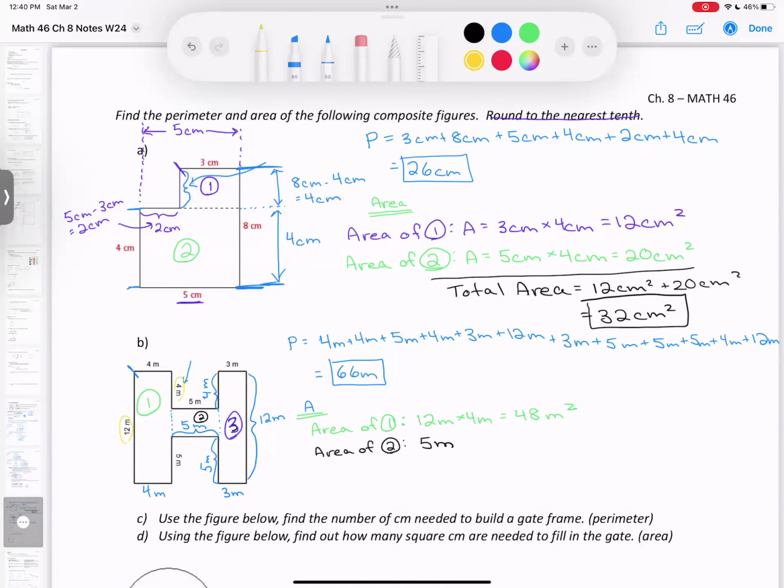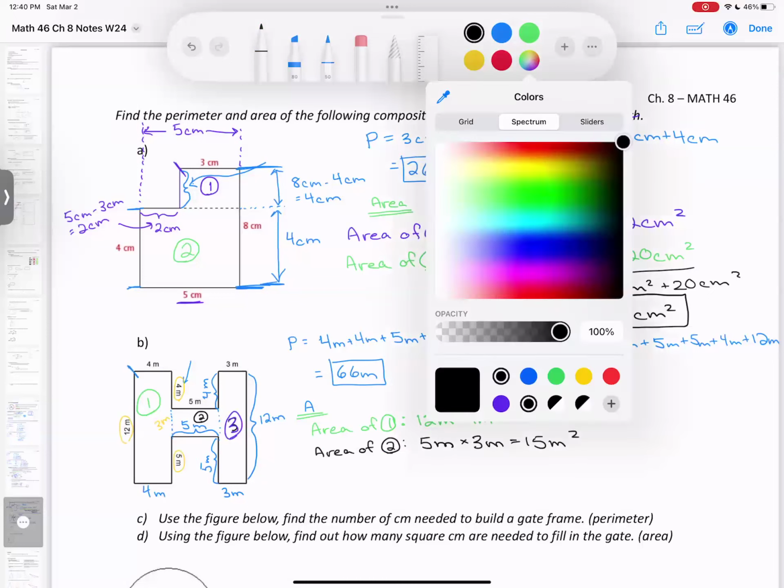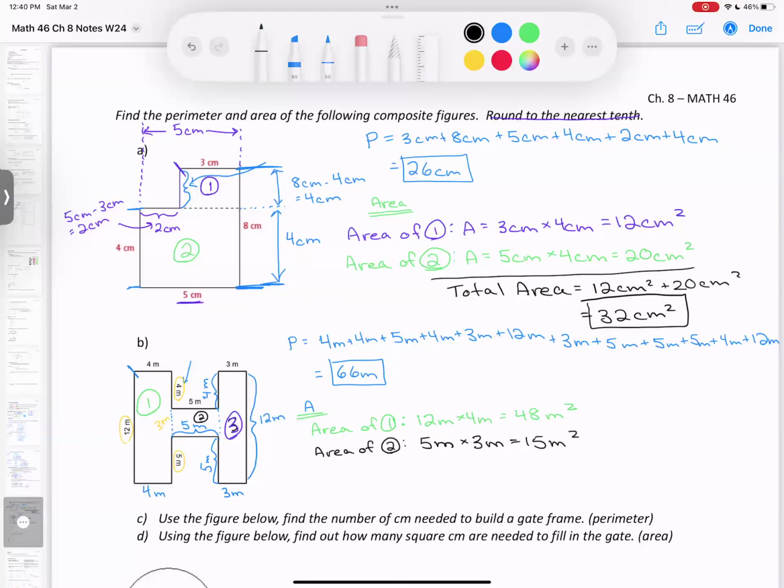And then we've got 4 meters used up here and 5 meters used up here. So that means that width is going to be 12 minus 4 minus the 5, which gives us a leftover of 3. So that width is 3. So 15 meters squared.